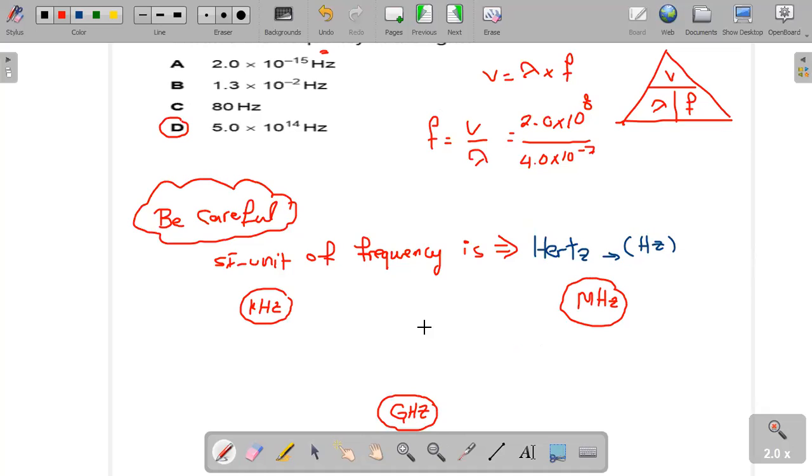We have to be able to change all these values to hertz. By the way, whenever you find mega, kilo, or gigahertz, you have no choice. You have to change it to hertz before doing anything in the problem.